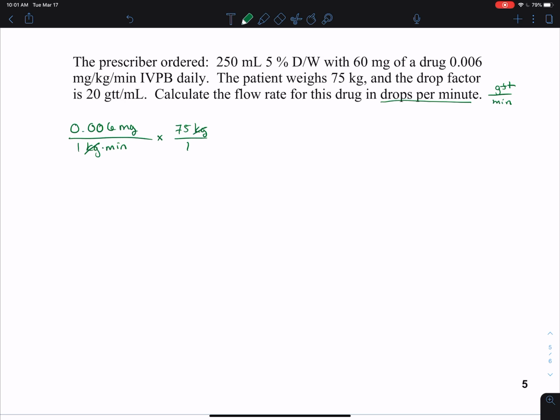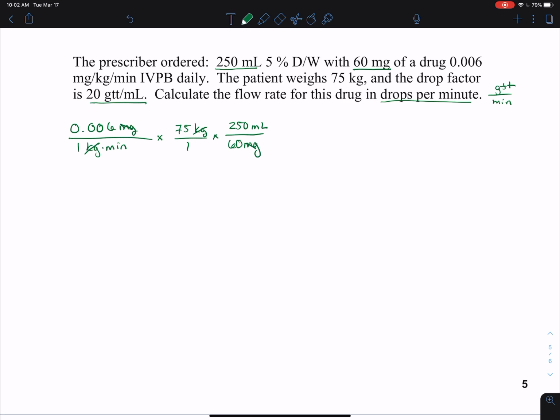Now I need to get from milligrams to drops. First, I'm going to use the information from the order, that there was 250 milliliters of the solution and that there were 60 milligrams of the drug. So I'll put that 60 milligrams in the denominator to cancel out, and I'll put 250 milliliters up in the numerator. So now I have volume over time, but instead of milliliters, I need drops.